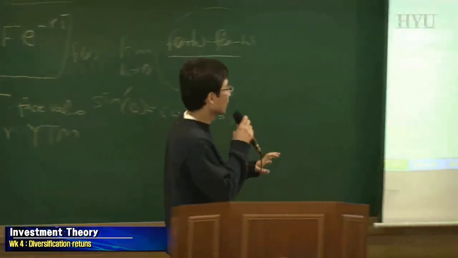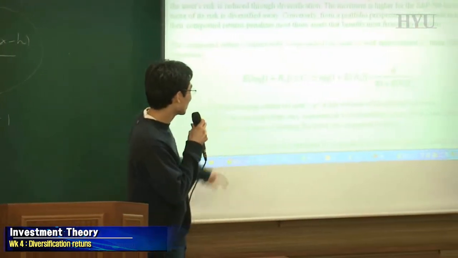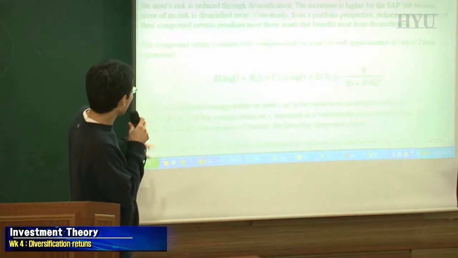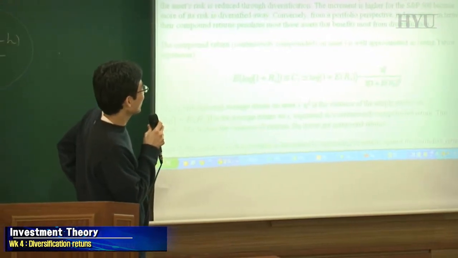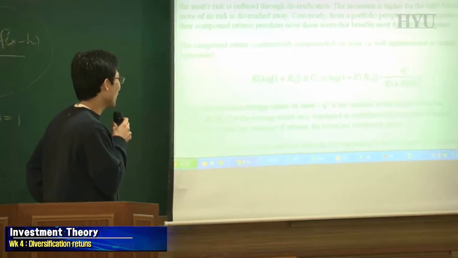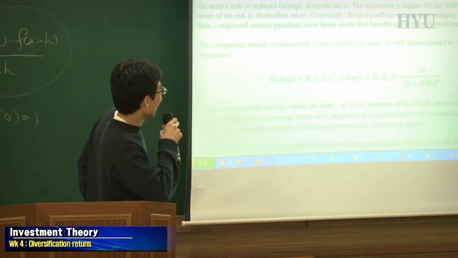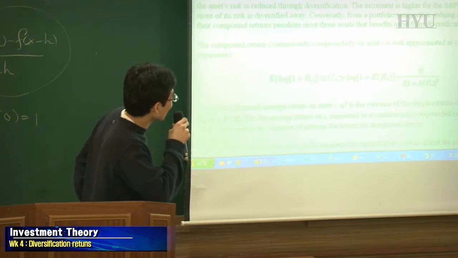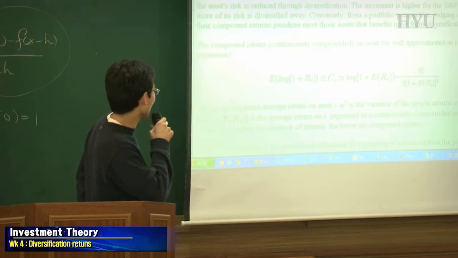So E[Ri] is the expected average return. We have to distinguish average return and total return. E[Ri] is the expected average return on asset i, si square is the variance of simple return on i, and log(1 + E[Ri]) is the average return on i, now expressed as a continuously compounded return.